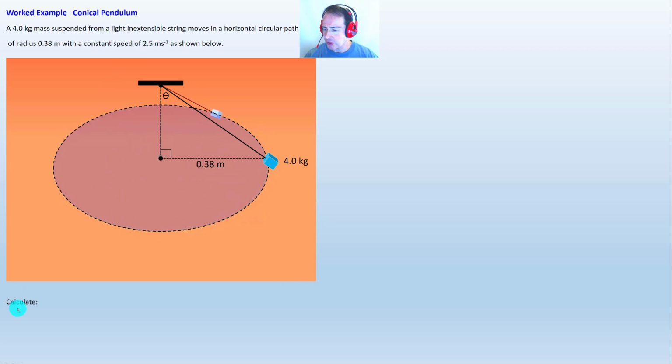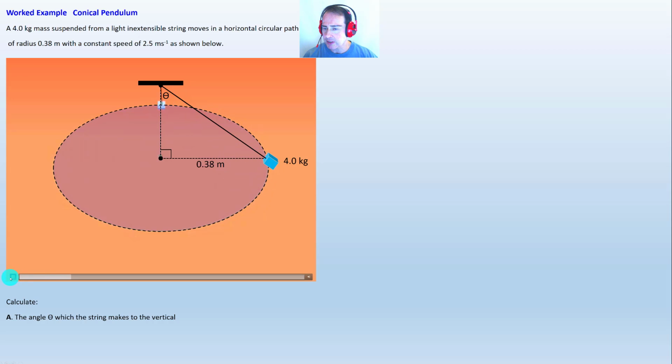The first part of the question asks us to calculate the angle theta which the string makes to the vertical. Shown up here, we can see that this is the angle from the string to the vertical. Now, I may just stop this rotating mass so that we can focus on its stationary position in order to label the question.